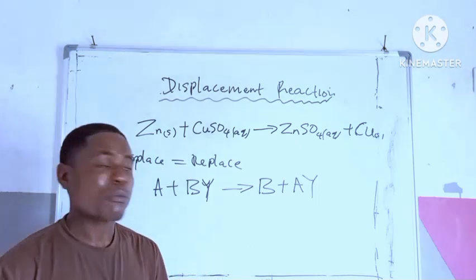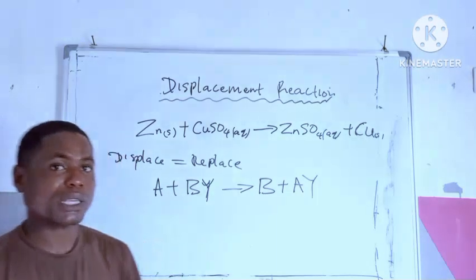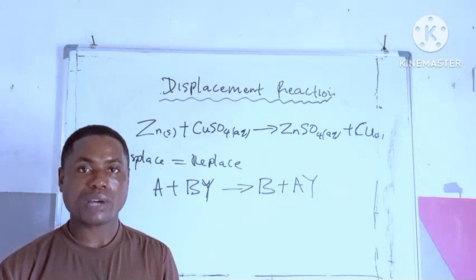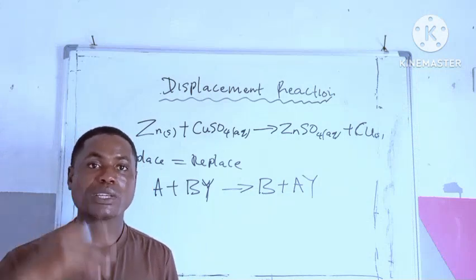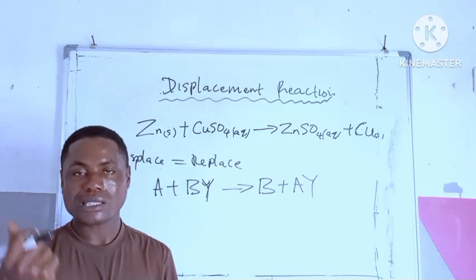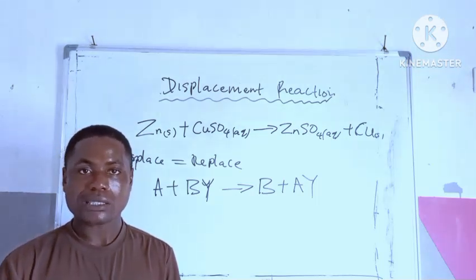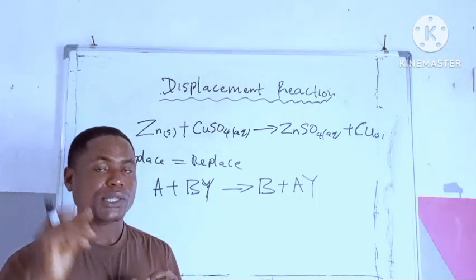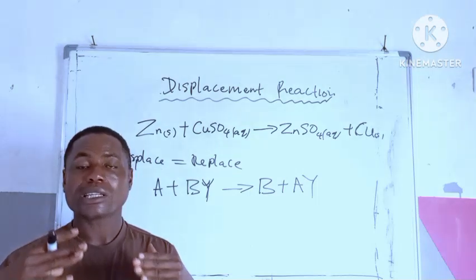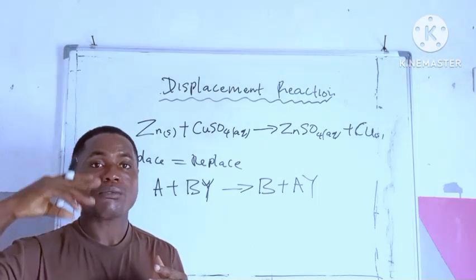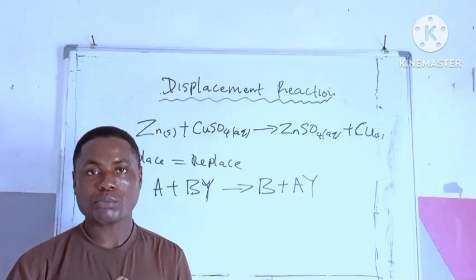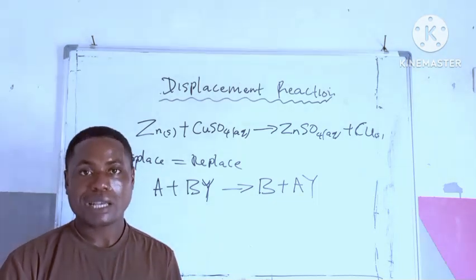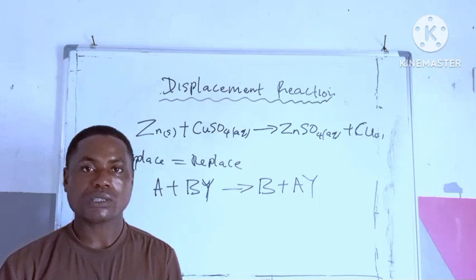It is just in the form of a hierarchy, where the more electropositive ones are placed above the less electropositive ones. We have both the electronegative elements and the electropositive elements.